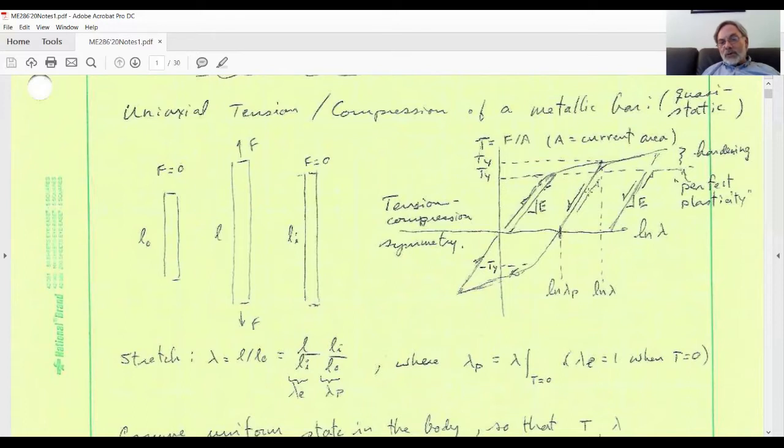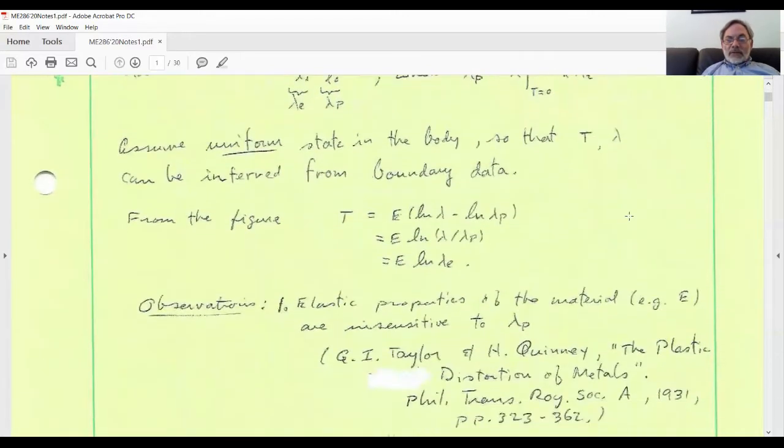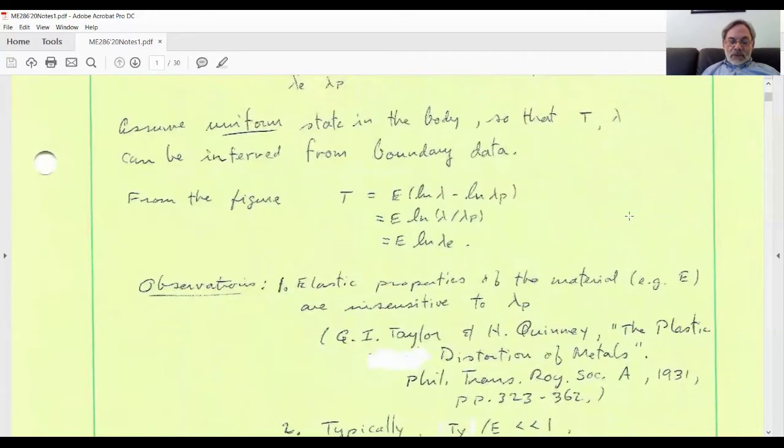Here it's a different value, essentially the same Young's modulus, and so on. A different value of lambda p here, and the same Young's modulus. So the elastic properties in the simple tension test are insensitive to lambda p. Of course, the only elastic property we have at the moment is the Young's modulus.